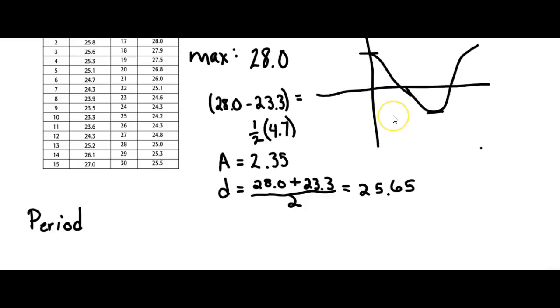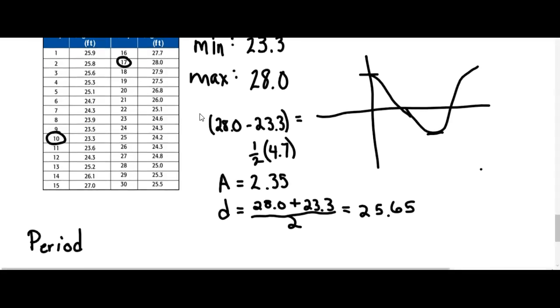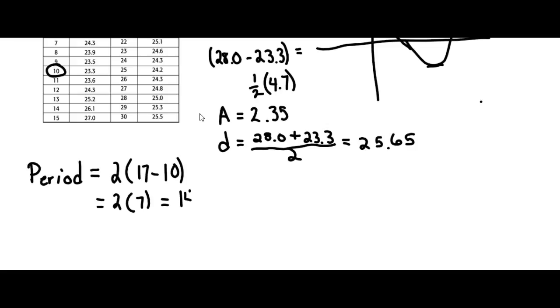The minimum of 23.3 occurred on day 10, and our maximum of 28 on day 17. So half of our period is the difference between 10 and 17. So I'm going to take 2 times 7. So the period is going to be 14 days. Every 14 days you should expect another cycle.